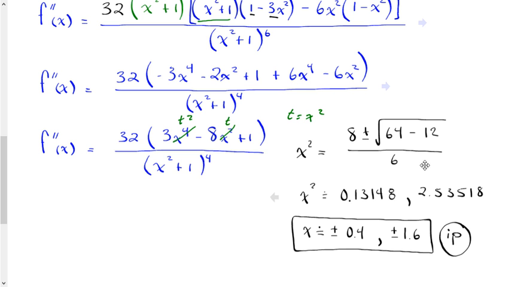At this point, I did keep all the decimal places because here I do need to square root both sides still. So I figured out what x squared is, but I need to square root this, which means I square root this, take the positive negative, square root that, take the positive negative. So that's where these possible inflection points are coming from. So 4 possible inflection points. And notice we said this was an even function.